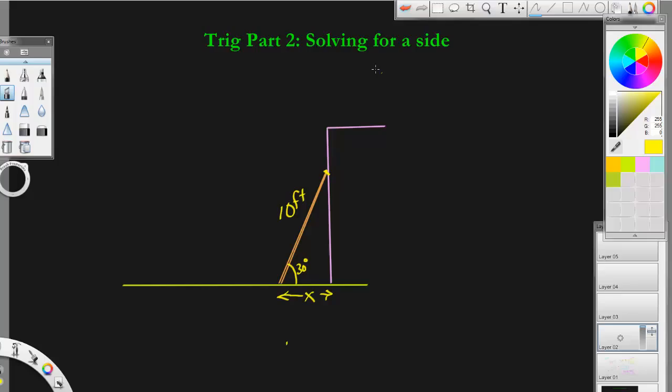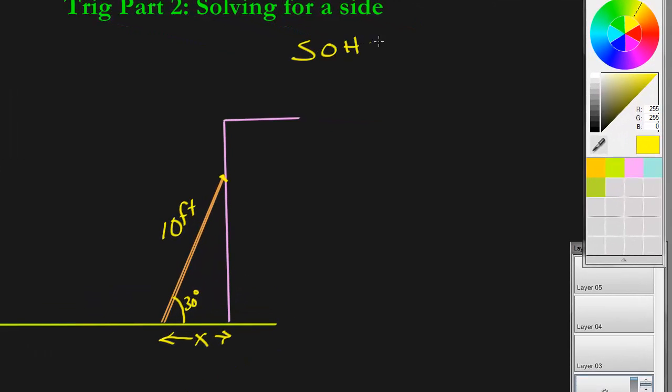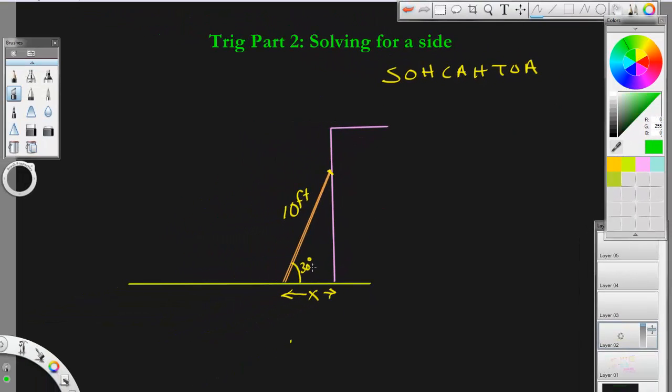Okay, so let me put my cheat sheet up here. SOHCAHTOA. And we will go through that process of the pink square on the other box. We're going to identify the side that's given from this angle. This is my angle theta here. That's theta. The side that's given is the hypotenuse.